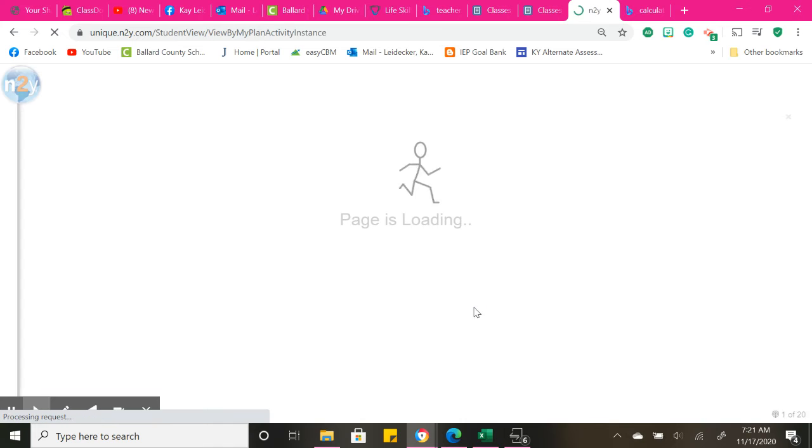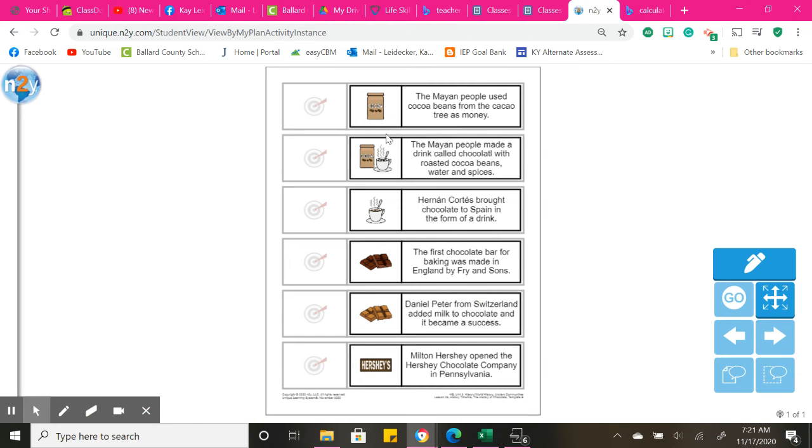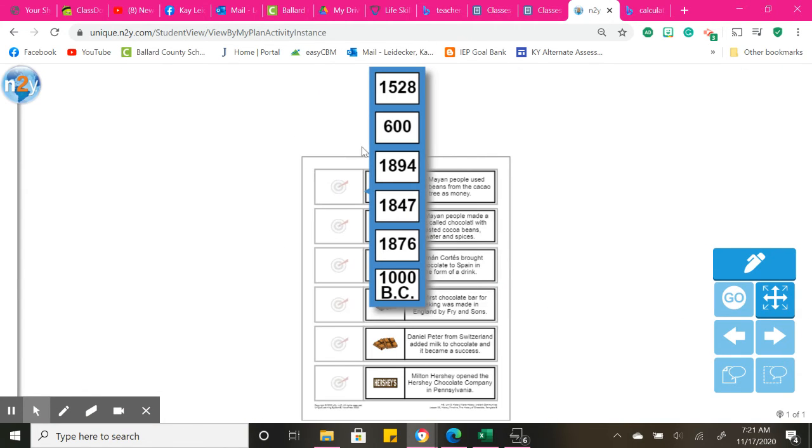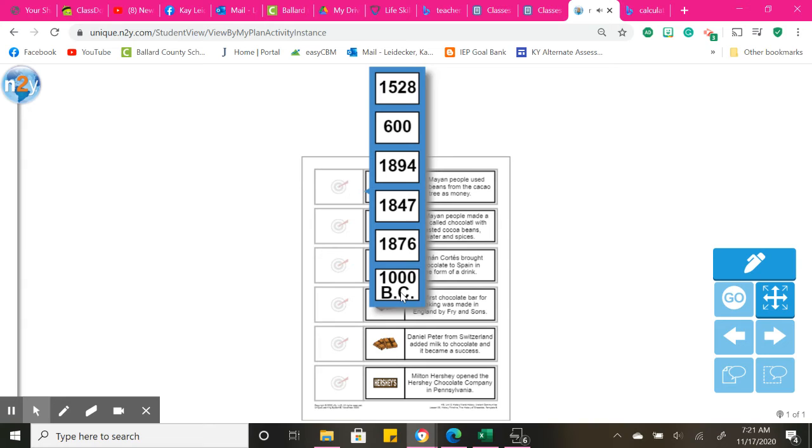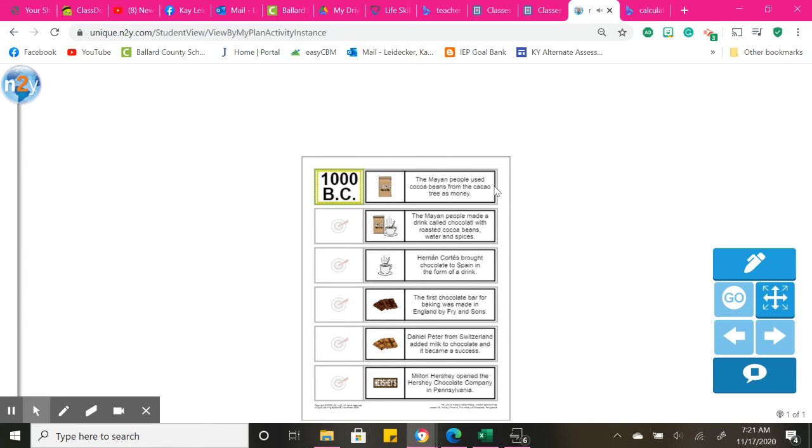And then you have your history timeline. You will place these in the order of events. So I would start with my smallest number, which would be 600. Oh, I'm sorry, there was the BC there. So 1000 BC comes first.